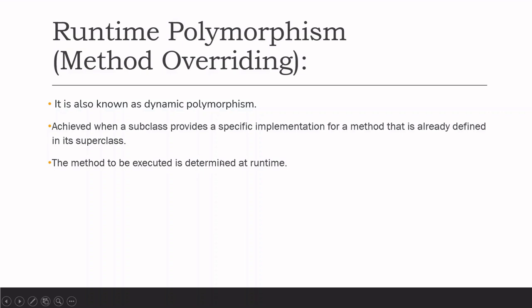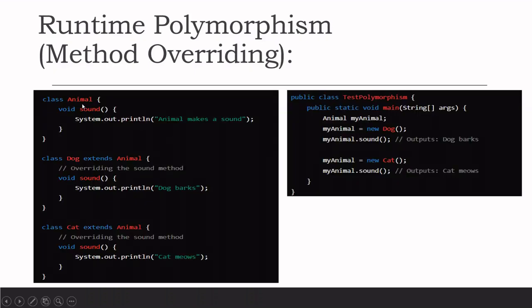So we call it runtime polymorphism. Let's see the example of runtime polymorphism, which is method overriding. So we have one class, the animal class. We have a sound method. This is the parent class. Animal is a parent class, and we have a sound method, which is the implementation of your parent class.